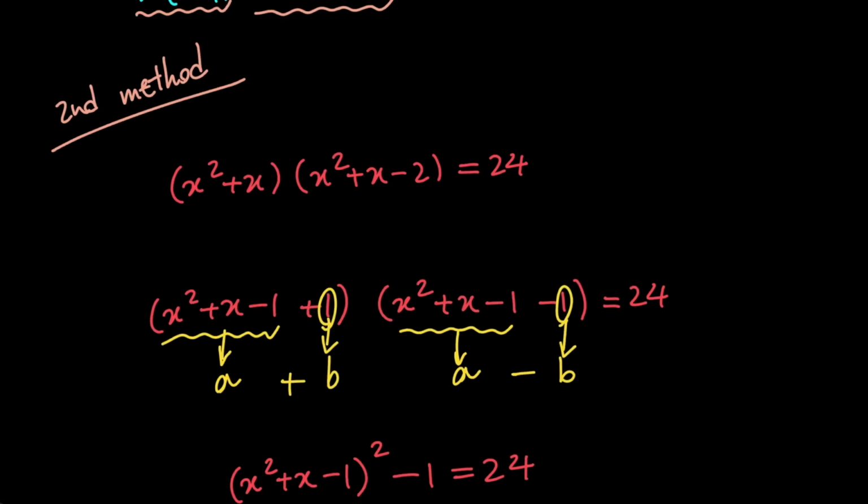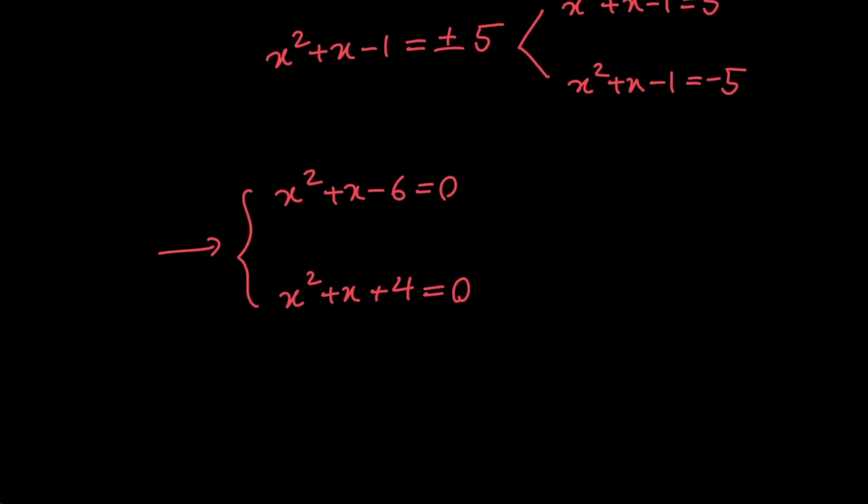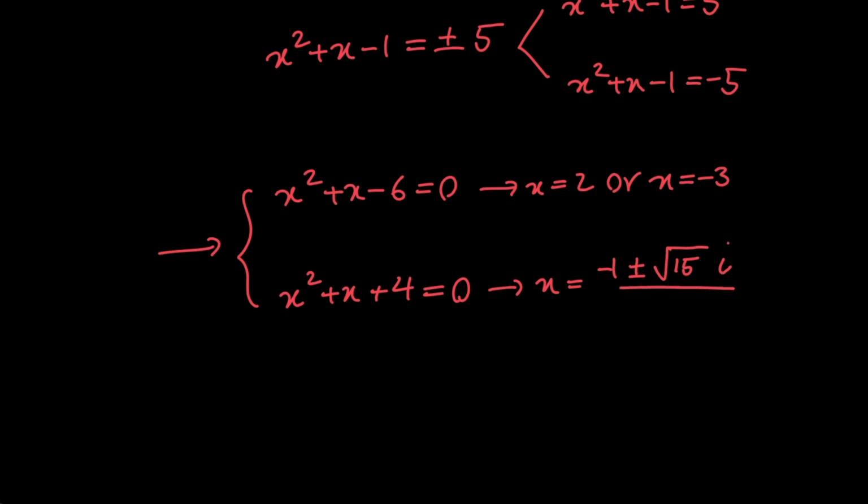And if you remember, from the first one, we're going to get x equals 2 or x equals negative 3. And from the second one, we get x equals negative 1 plus or minus root 15 times i, all divided by 2. Great, so we found 4 solutions using the second method.